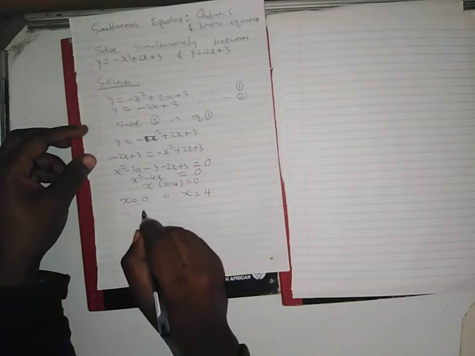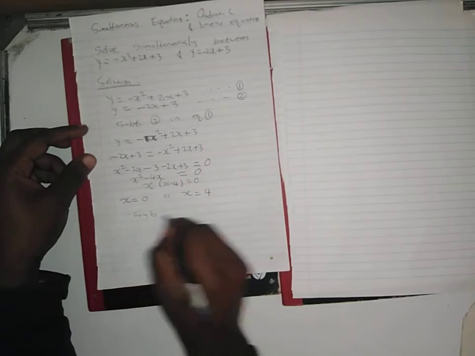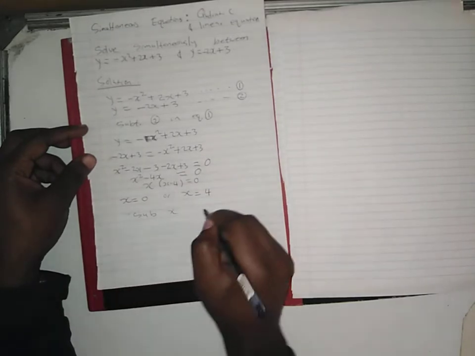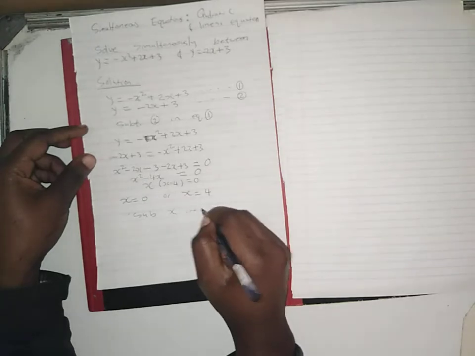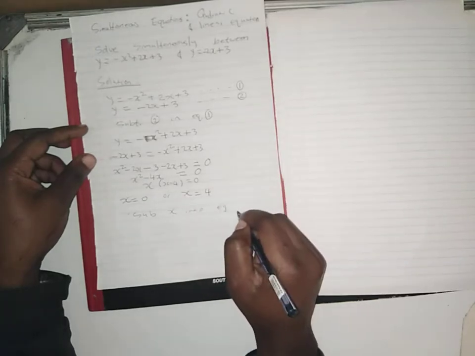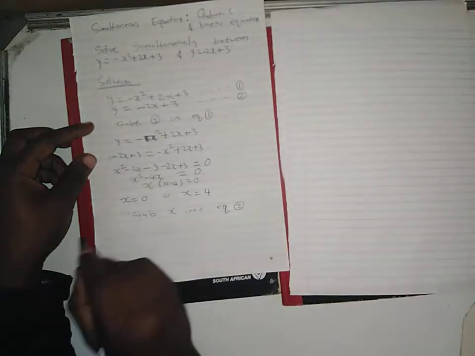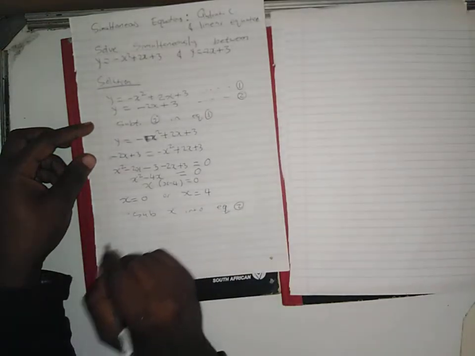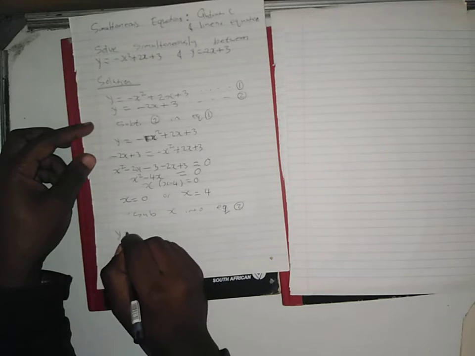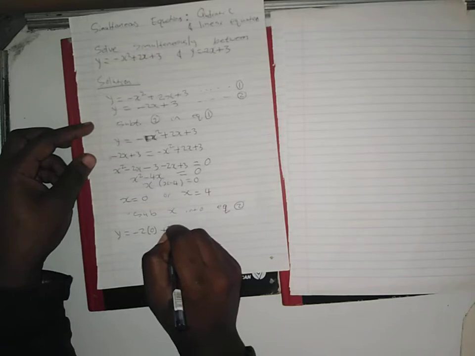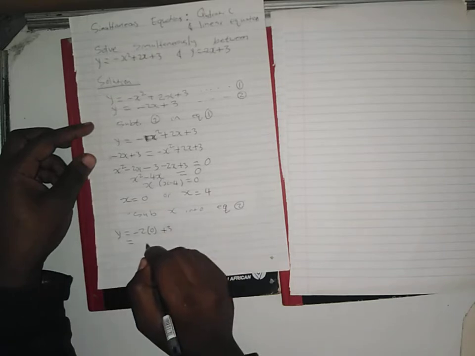So what are we going to do? We are going to substitute x into equation 2. Let's start with x is equal to 0. So we're going to say y is equal to minus 2 times 0 plus 3. And then what are you going to get?